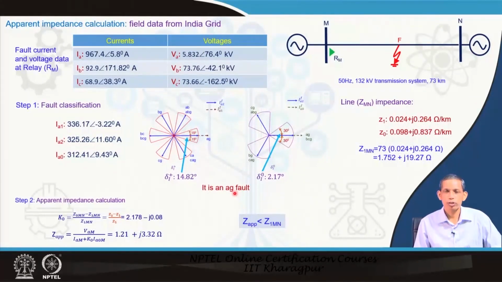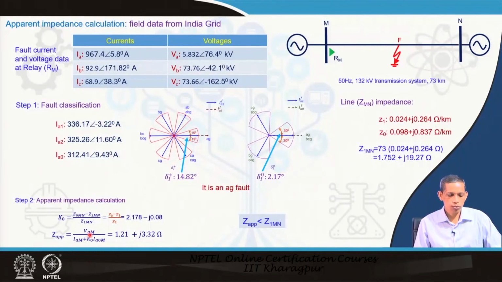We know that the corresponding voltage and currents will be used for that: VA upon IA plus K naught I naught. For that we require K naught, which can be obtained from the data here. So, we consider 2.178 minus j 0.08 as the zero sequence compensating factor.